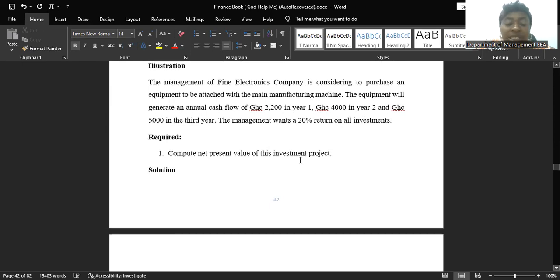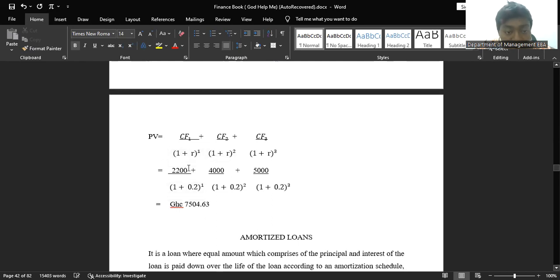So we just insert them here. Year 1, 2,200. Year 2, 4,000. Year 3, 5,000. Then we add it with the discounted factor, which is the rate, what, 20%. So see it here. And when you calculate all this plus this, we are getting this. All right.